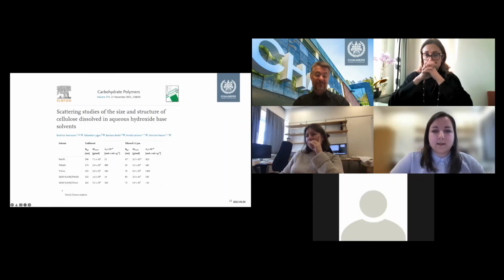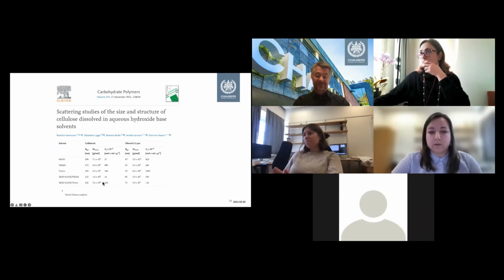Another study that was done here, again from Beatrice Svensson, on cellulose dissolved in different solvents that I already mentioned before. Here they also did static light scattering, and they determined the radius of gyration of microcrystalline cellulose in different solvents, as well as the molecular weight from the Zimm plot.